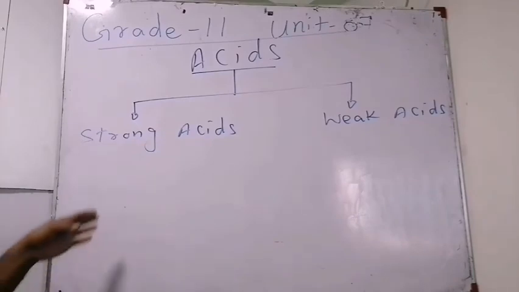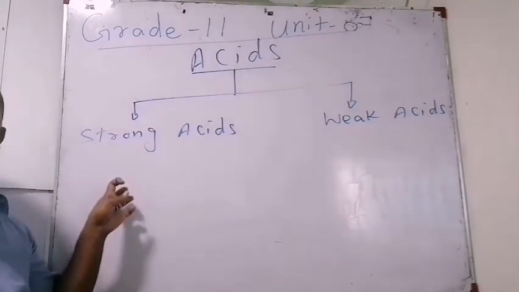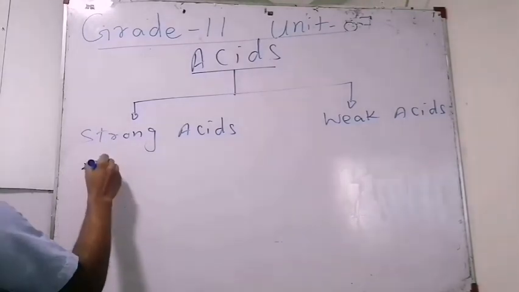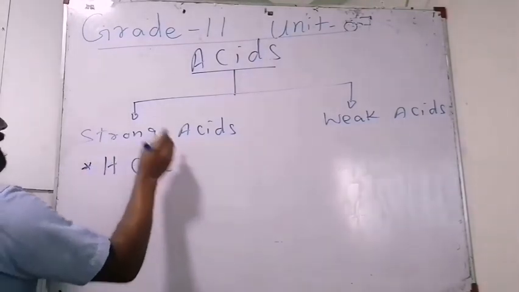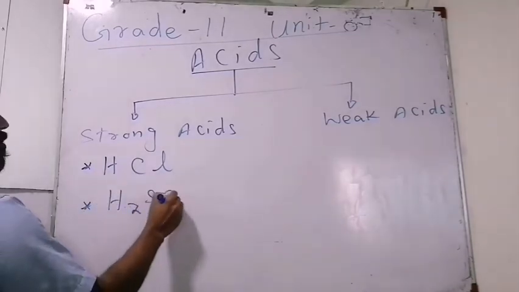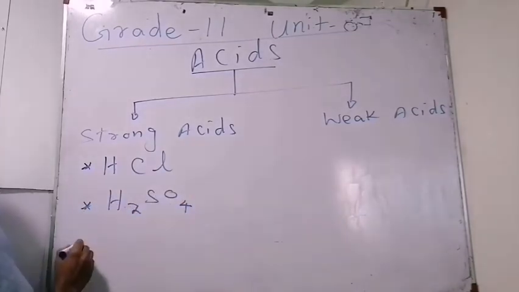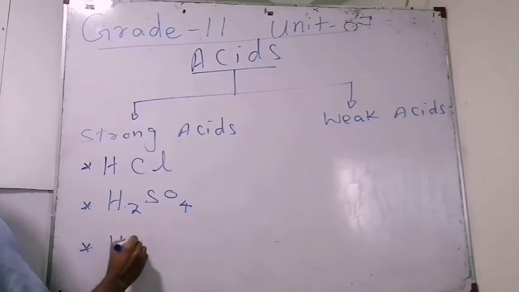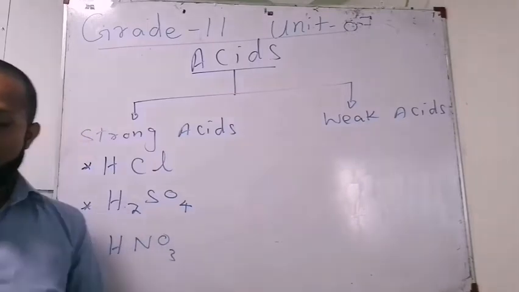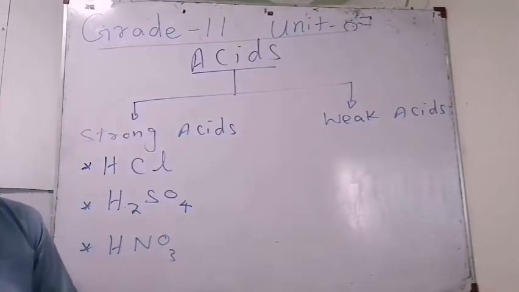As you know, there are some examples for strong acids: hydrochloric acid, H2SO4 sulfuric acid, HNO3 nitric acid. And also there are some examples for weak acids.